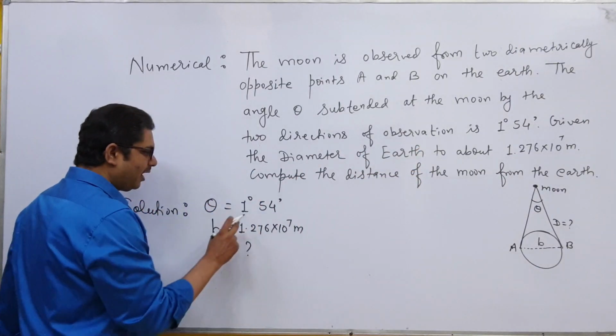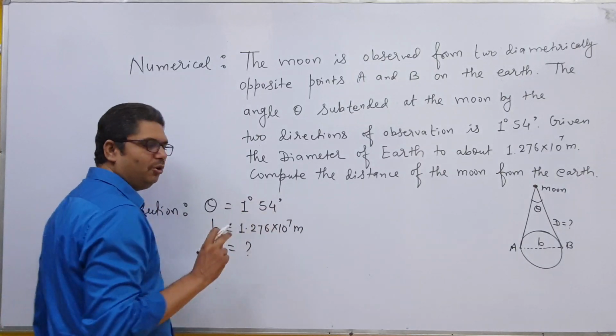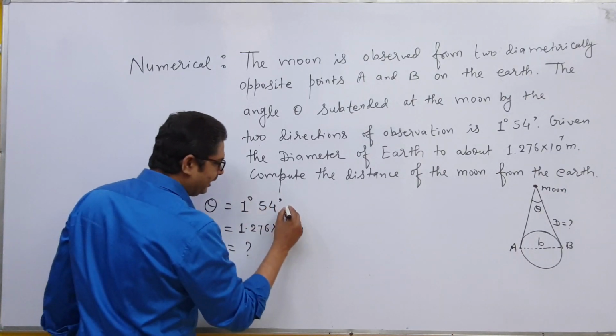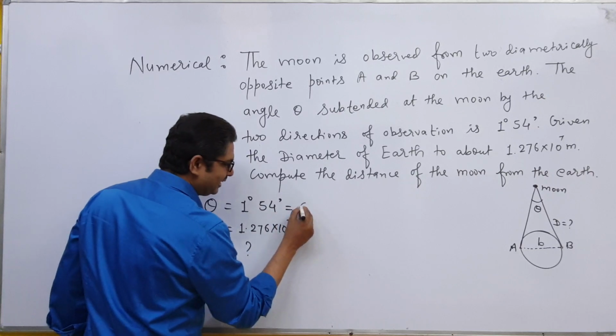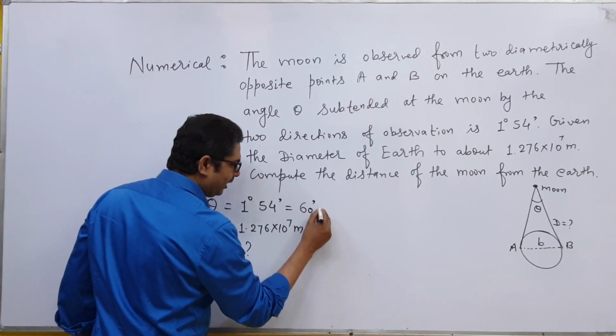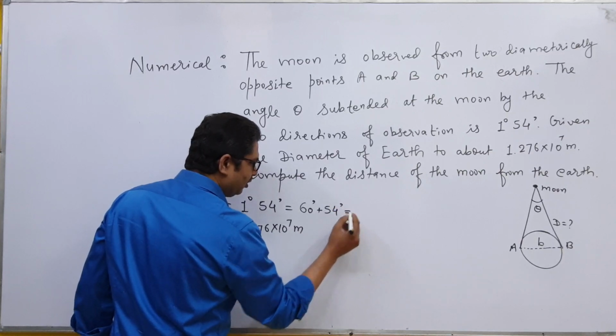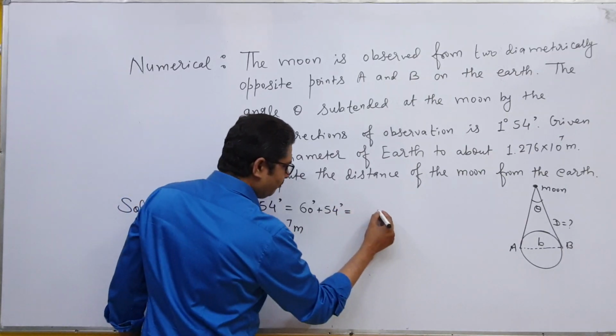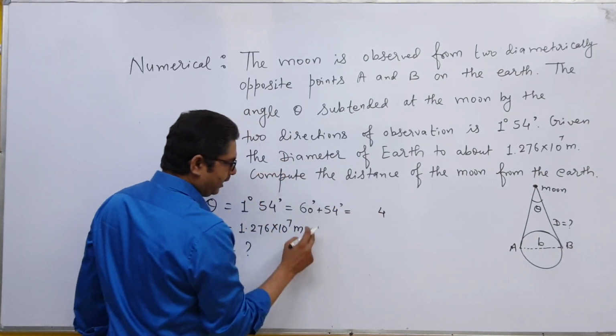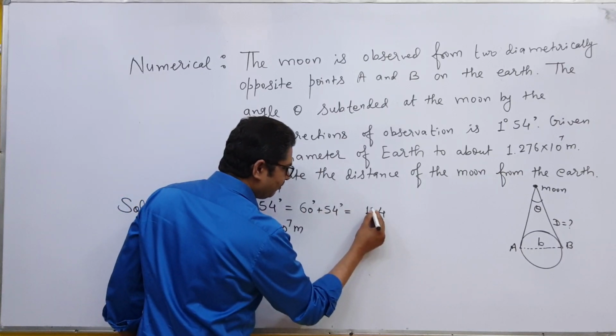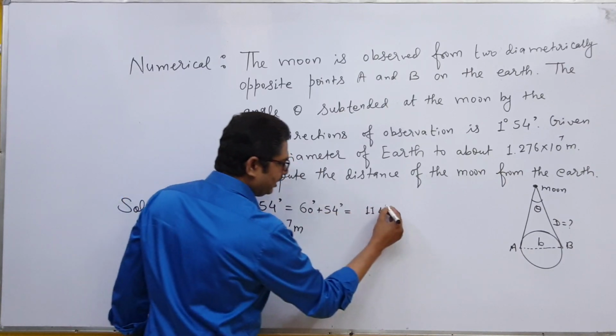For this, you have to first convert this into radian. We can write 1 degree means 60 minute, and here you have 54 minute. So you have 60 plus 54, which is 114 minute.